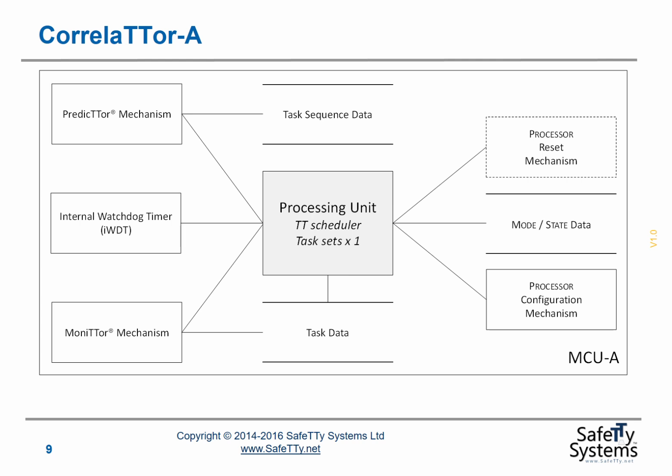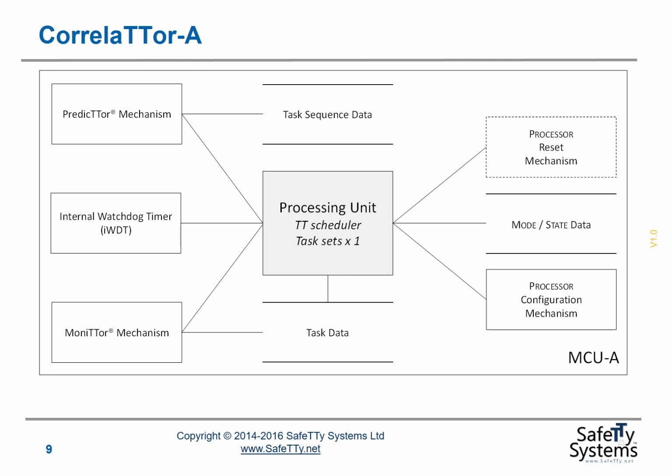This is what correlator A looks like. It's based on a single microcontroller. So we have a single processing unit, in this case running a TT scheduler with one task set operational at any particular point in time. We have a predictor mechanism, we have a monitor mechanism, we have information about the mode and state, we've got configuration mechanisms used in the system.